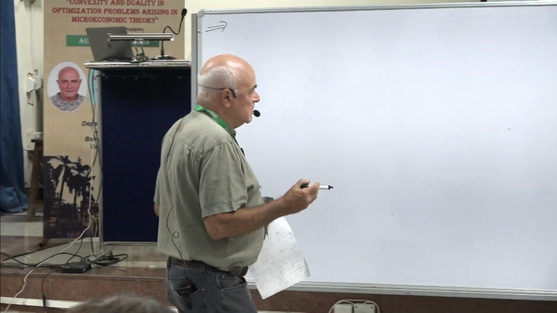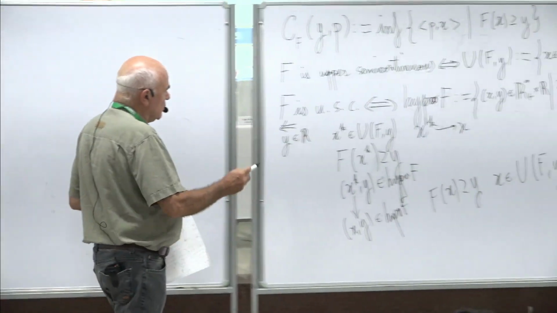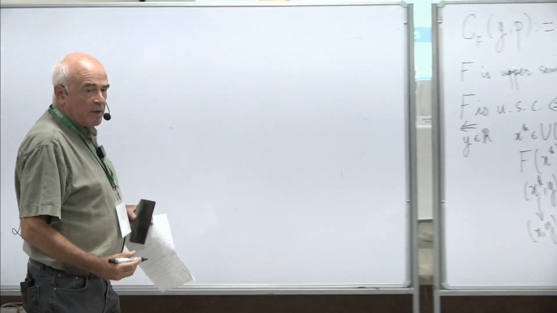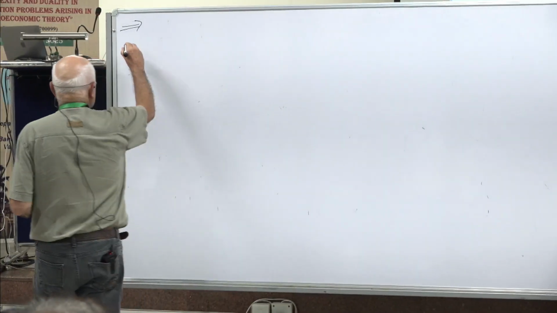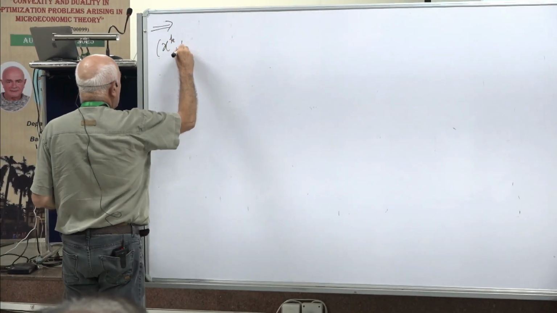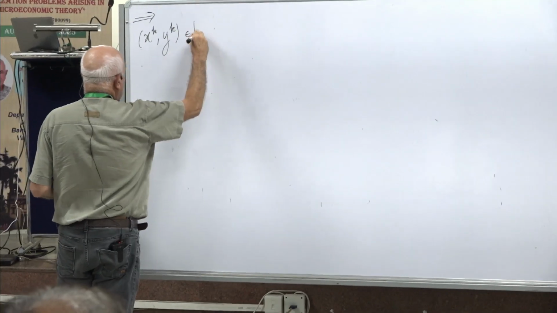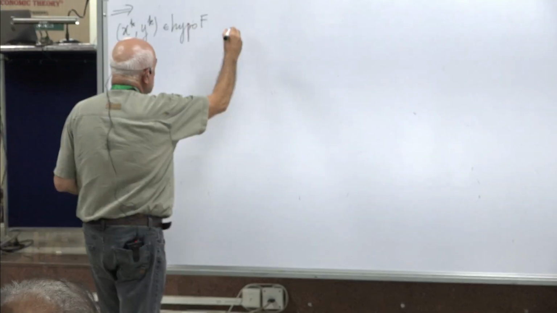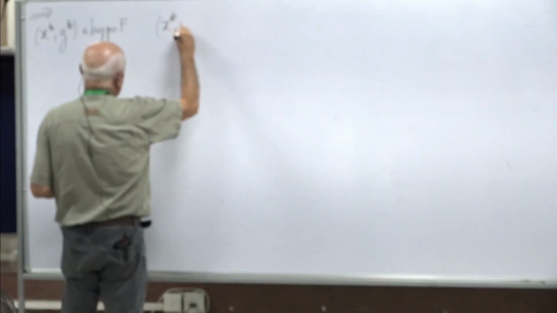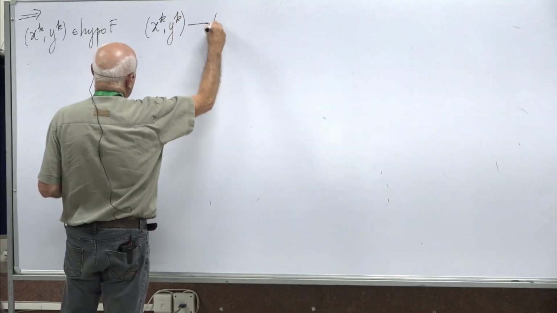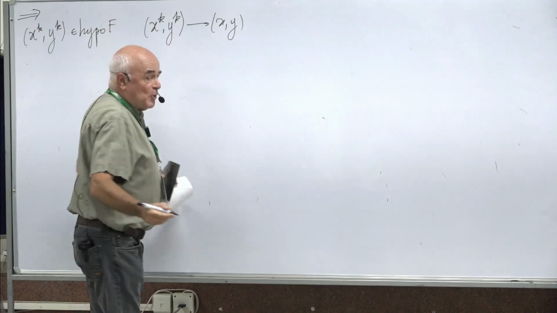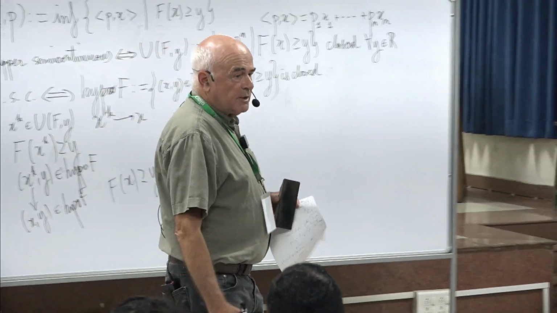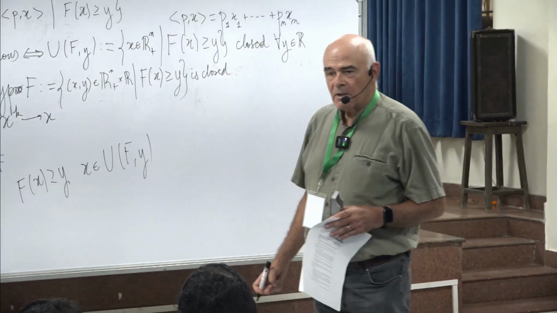So now, assuming that all upper level sets are closed, to prove that the hypograph is closed, we consider a sequence of points in the hypograph, assume that it converges to some point (x, y), and then we have to prove that this point is also in the hypograph. Okay?